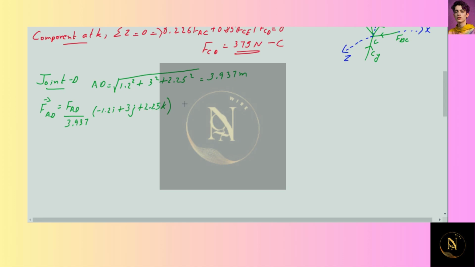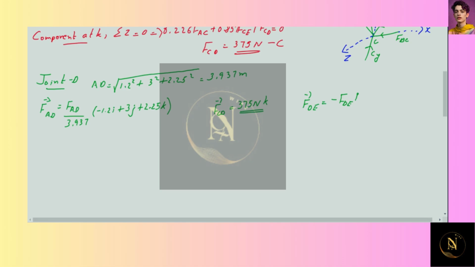Next is vector FCD. We got the value of FCD, that is 375 Newton, and that will be along k. And vector FDE will be minus FDE in the direction of the i component.